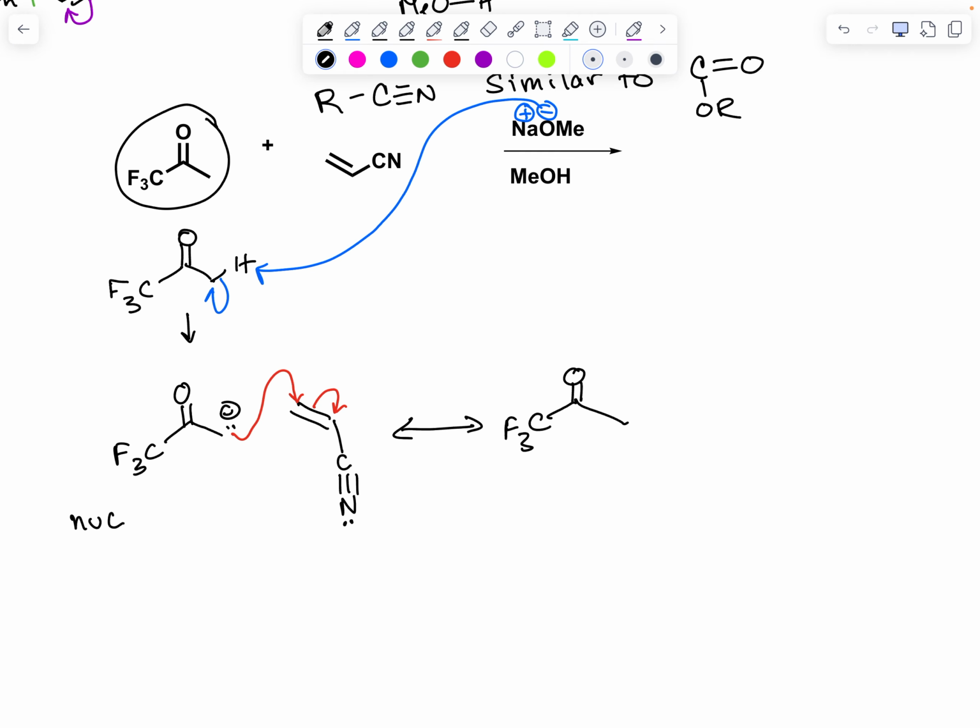So when you see an enamine, I want you to think about the fact that this is going to be an equivalent to an enolate, meaning it's going to be nucleophilic at the alpha carbon.